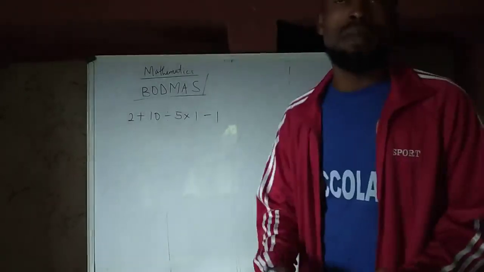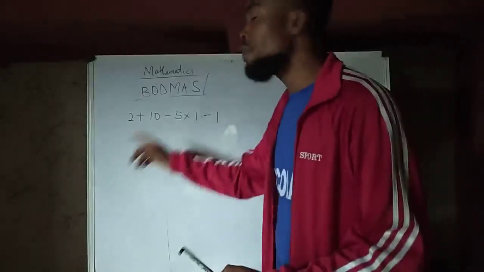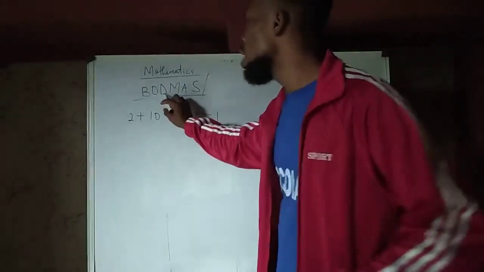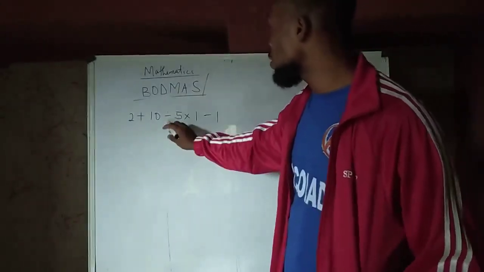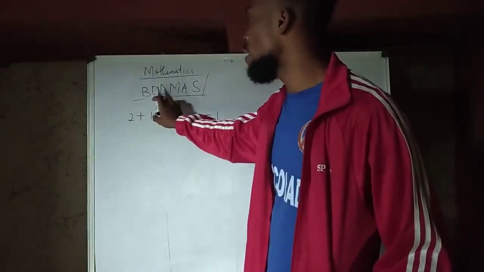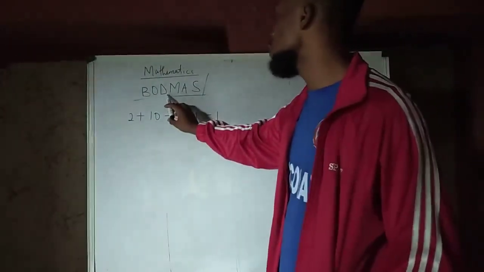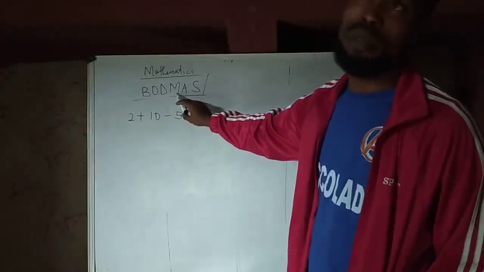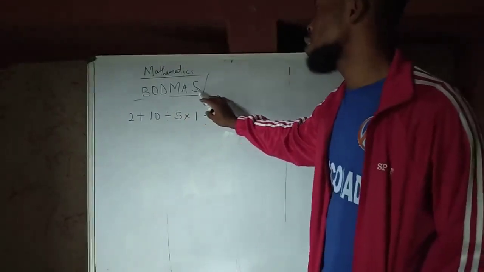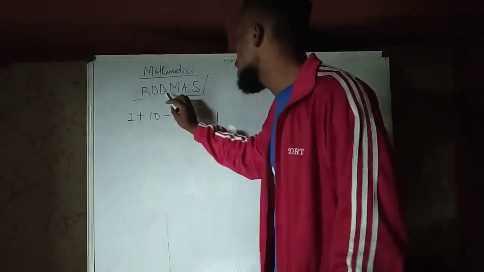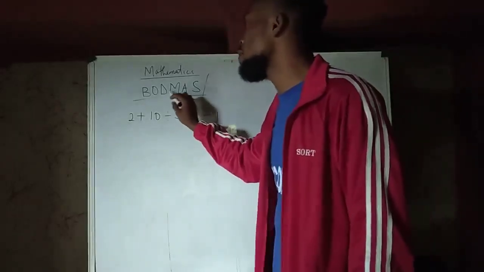Actually, in mathematics, to solve this, like I told you earlier, we start with the order. Since we don't have brackets, we don't have order, and we don't have the exponent. So we start with the division, then we proceed to multiplication, we do addition, and then we do subtraction. But mind you, these two can be done interchangeably.